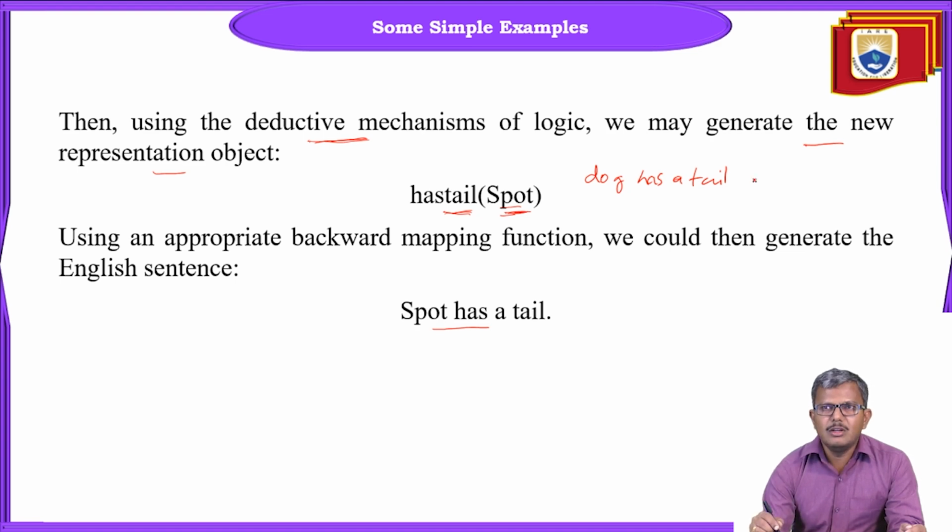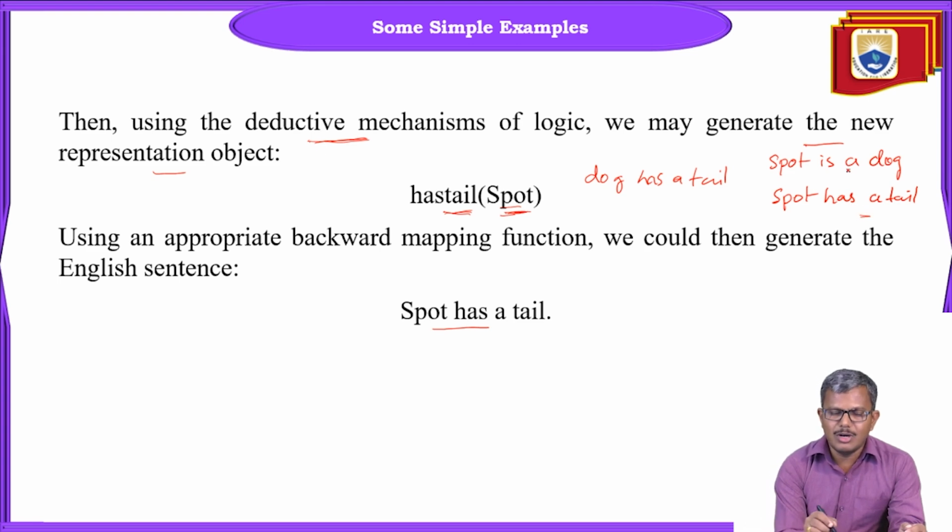In the initial case we said Spot is a dog. When Spot is a dog and a dog has a tail, then definitely we can say that Spot has a tail. This kind of extraction of new representations is called the deductive mechanism of logic.